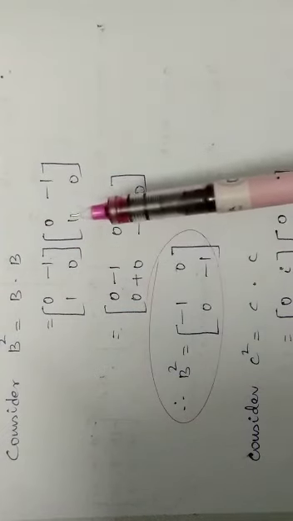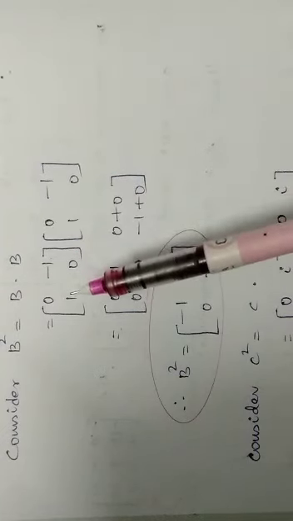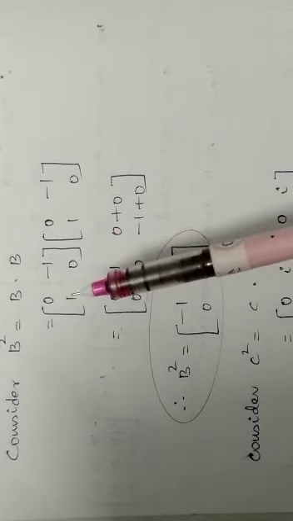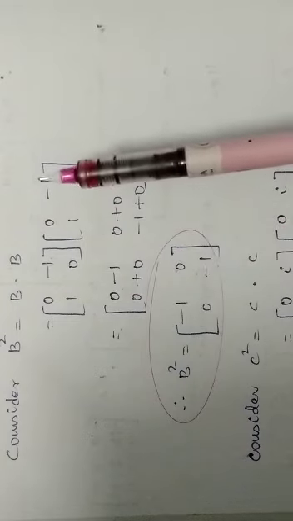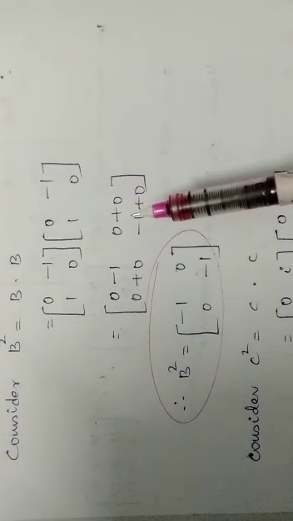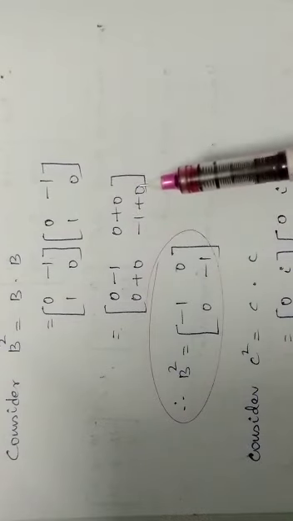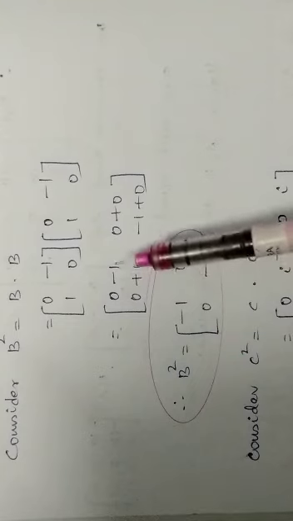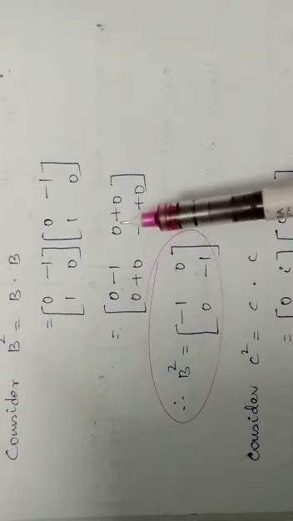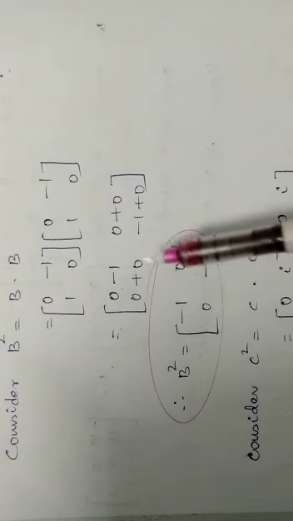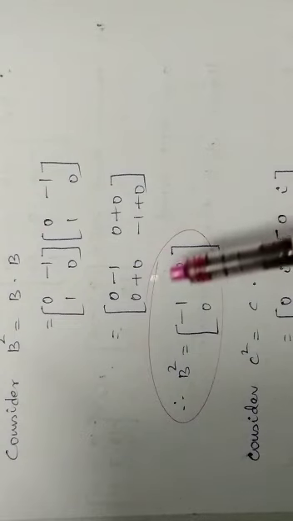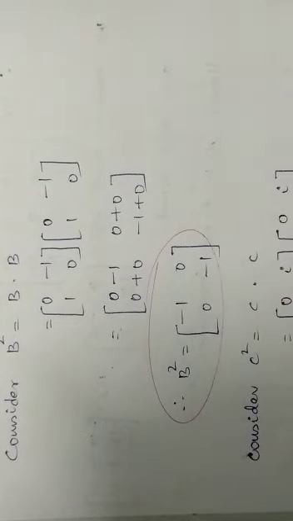Second row, first column, 0 into 1 is 0, plus 0 into 1 is 0. Second row, second column, 1 into minus 1, minus 1, plus 0 into 0, 0. So B square equal to 0 minus 1, minus 1, 0 plus 0, 0, 0 plus 0, 0, minus 1 plus 0, minus 1. So I got B square matrix.